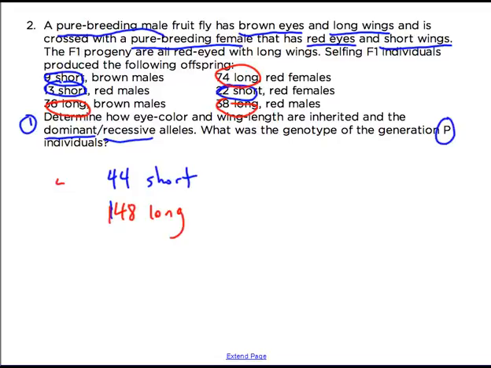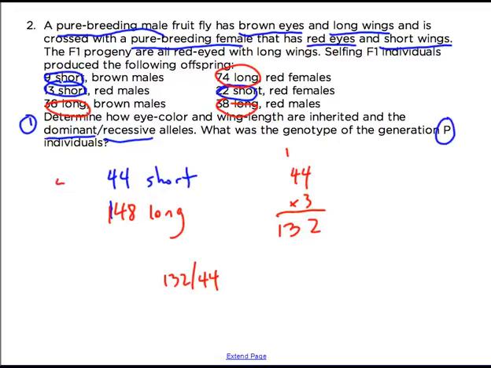Now, 44 times 3 is 132, and it's possible that I didn't do the math perfectly, but I think I did. So a 3-to-1 ratio would be 132 to 44. We have 148 to 44. Really, it's close enough, at least for right now.